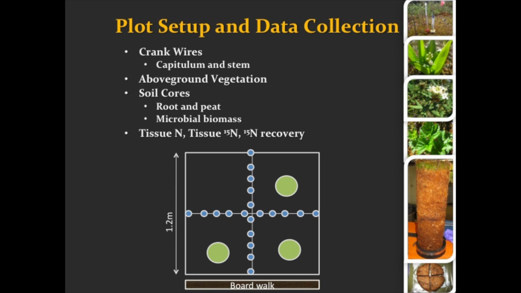And then we take a soil core, 30 centimeters long, section it into 3 centimeter sections, and use that to determine peat biomass, root biomass, microbial biomass, as well as tissue nitrogen and N15 concentration, and also calculate the overall recovery rates for N15.